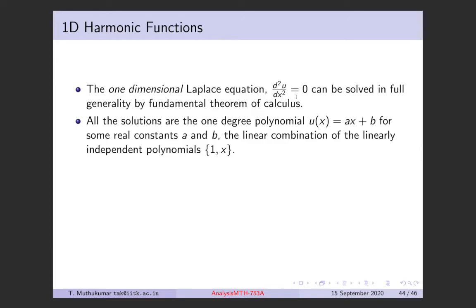The converse is also true, in the sense that any function of this form is a harmonic function, and any solution to this equation is of this form, right? That we have already said.